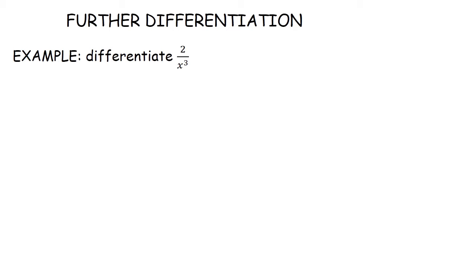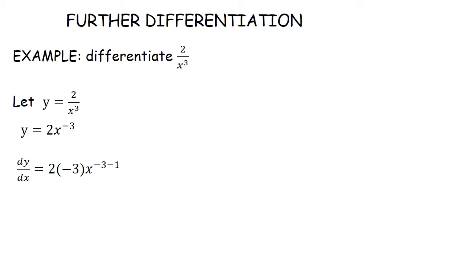But this one here would be simpler if we took the 3 upwards, the x to power 3, okay? If this one went up, that would give us 2x to power negative 3, isn't it so?